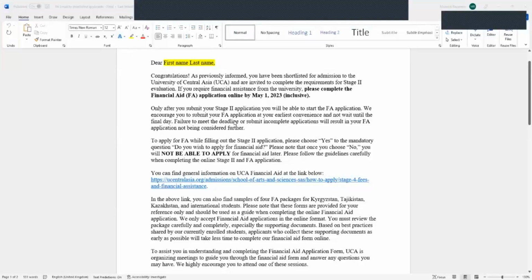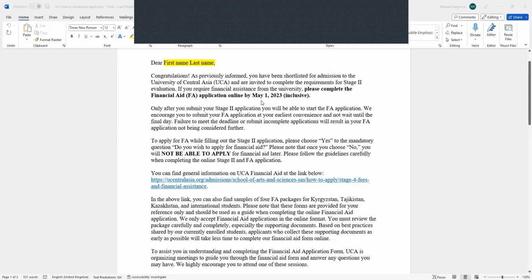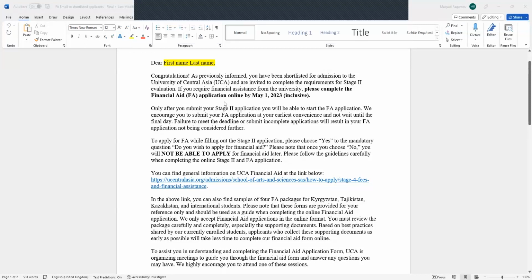So let's start. First of all, I'm going to share my screen, starting from the email that you probably have received. Hope my screen is now visible, and you can see the template of the email that will be sent to all the shortlisted candidates.